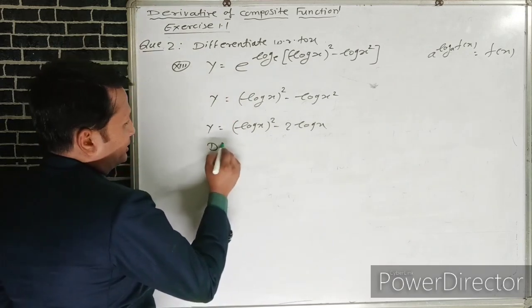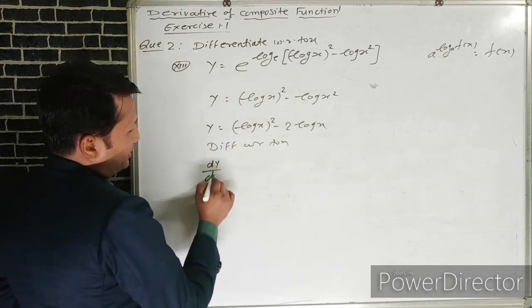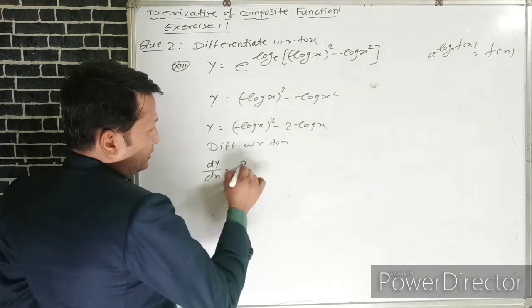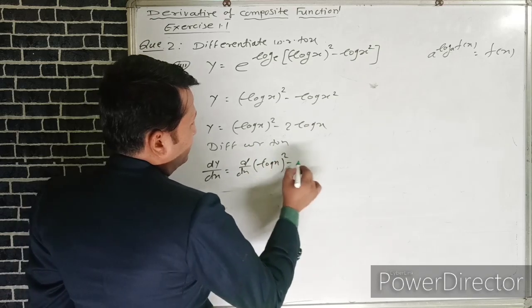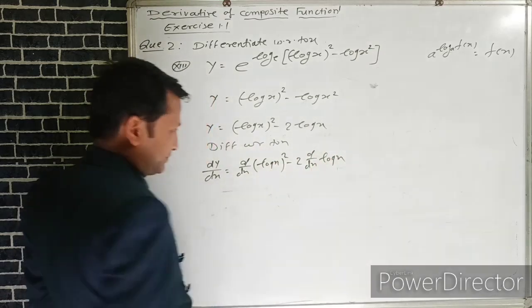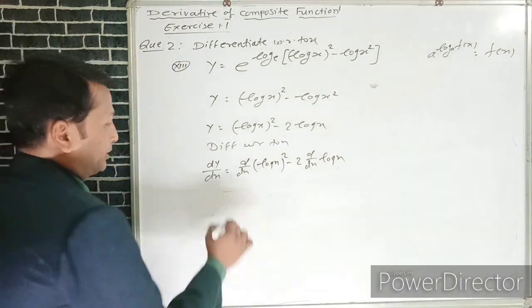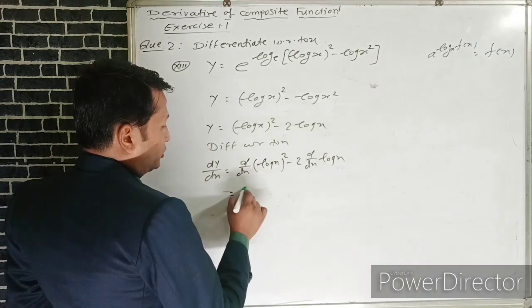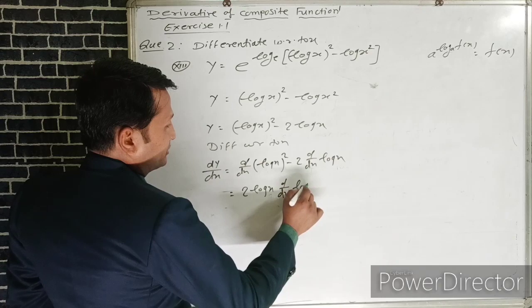If we differentiate the given function with respect to x, the derivative of y is dy by dx. We can take a separate derivative: log of x bracket square minus 2 into the derivative of log x. Here we apply the derivative of x to the power a, then we get the derivative of log of x bracket square is 2 log of x into again a derivative of log x.